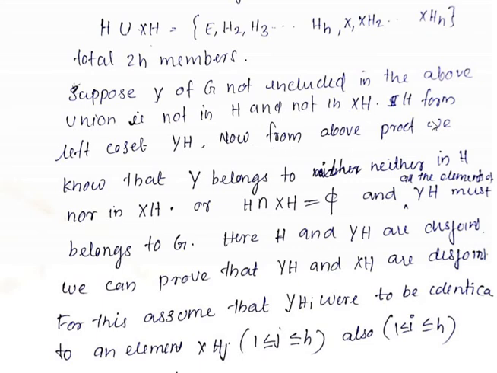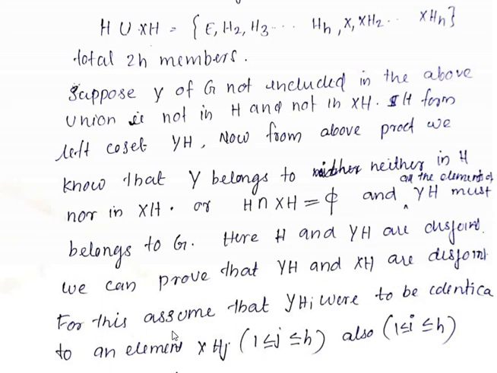Now from the above class we proved that y belongs to neither H nor xH, for H intersection xH is a null set. And yH must belong to G also. Here H and yH are disjoint. There is no doubt about that. We already proved that. Then we can prove that yH and xH are disjoint.